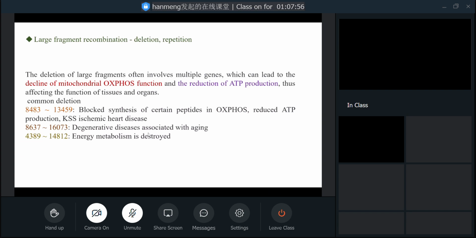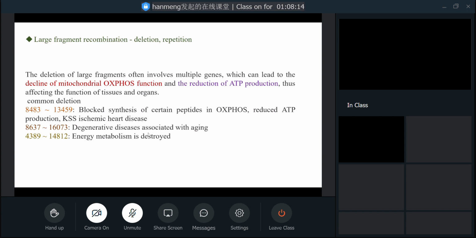Some common deletion is from 8,483 to 13,459 base pair.